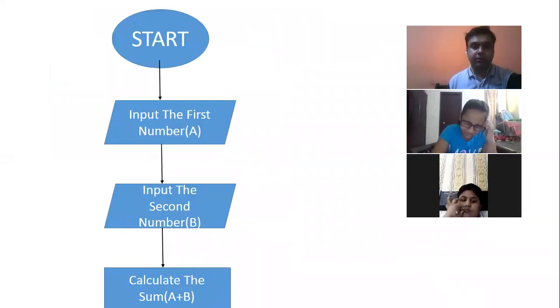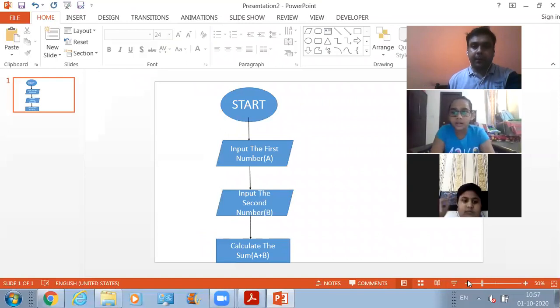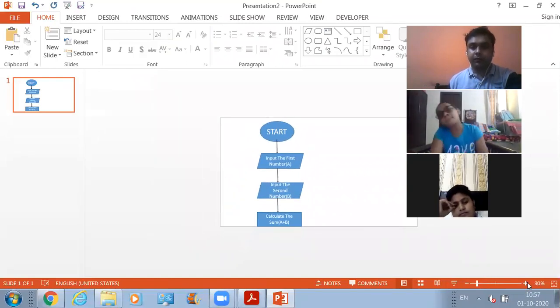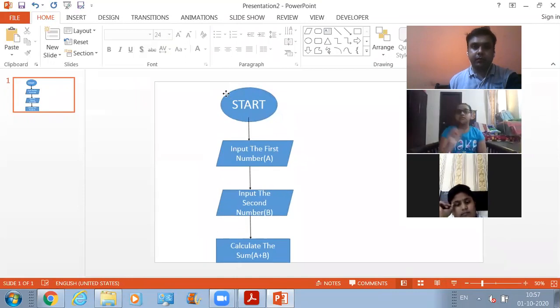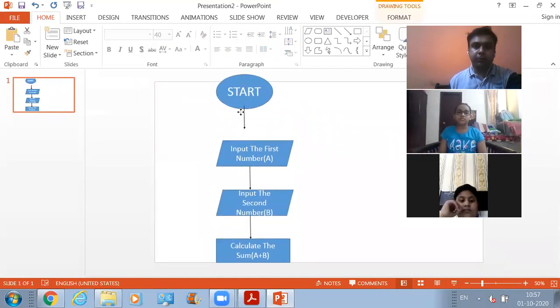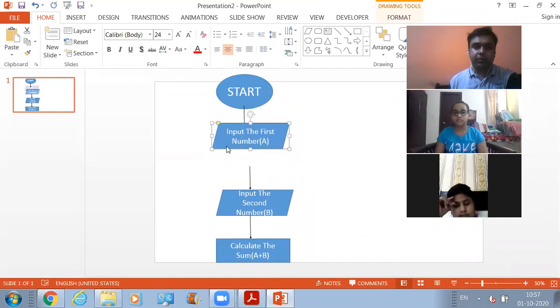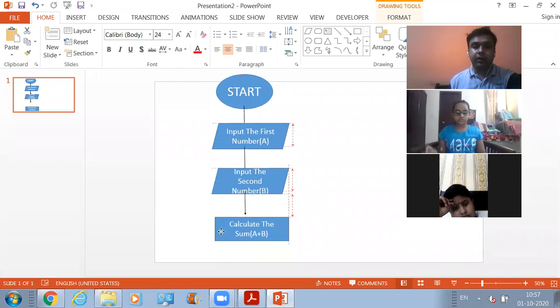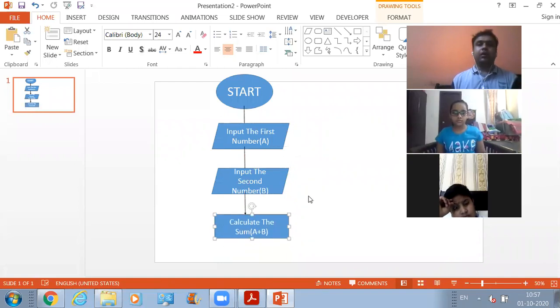Just a second. What has happened to this? Let me just put it here. Otherwise I'll not be able to. Okay. So now, what are you going to write down in the fifth step?